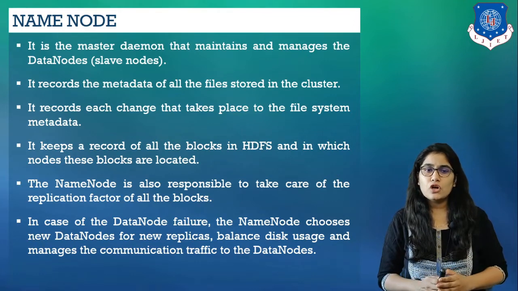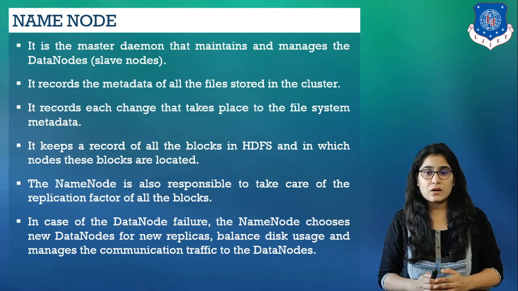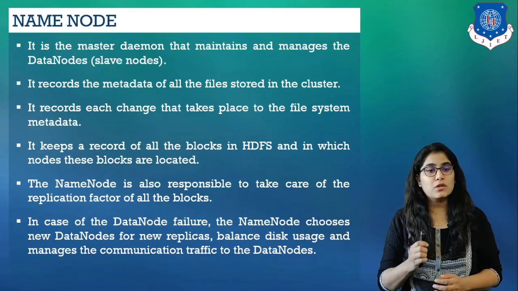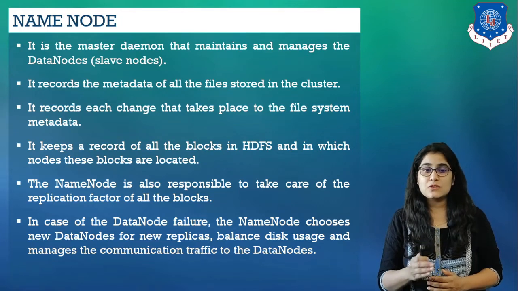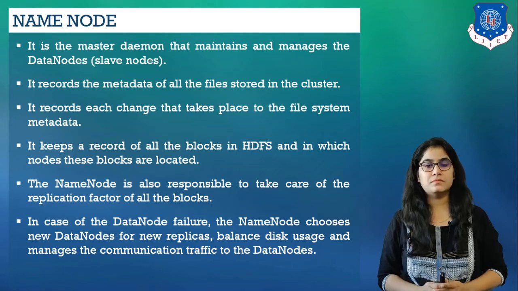It keeps a record of all the blocks in the HDFS and in which nodes these blocks are located. The name node is also responsible for taking care of the replication factor of all the blocks. In case of data node failure, the name node chooses new data nodes for new replicas, balances disk usage, and manages the communication traffic to data nodes.